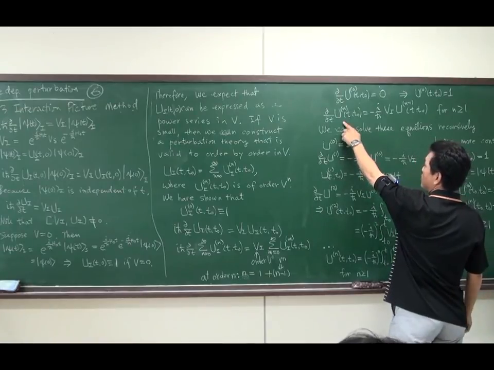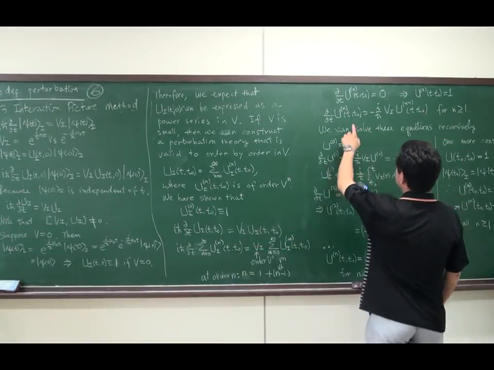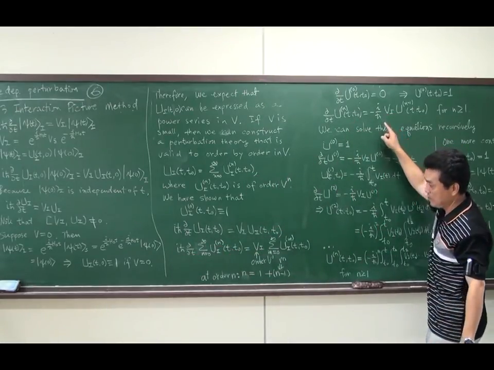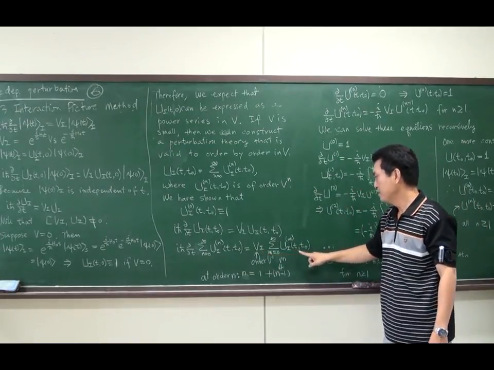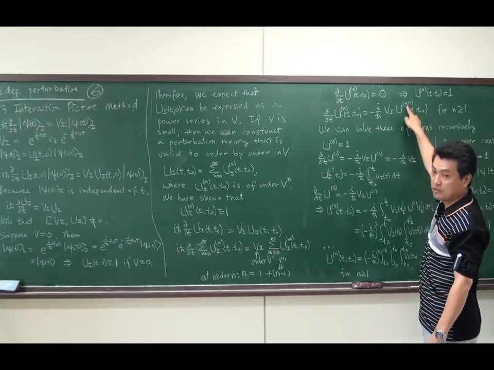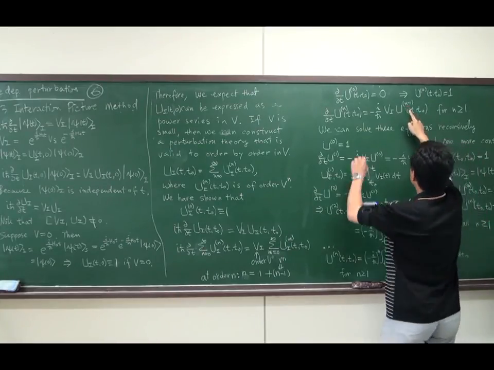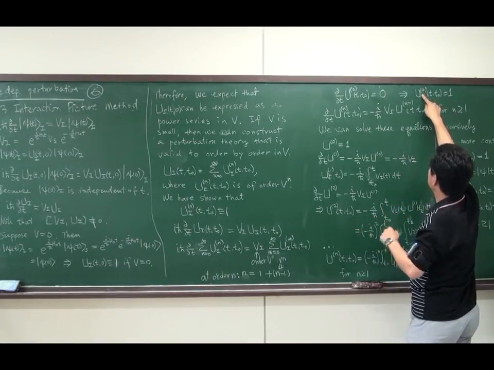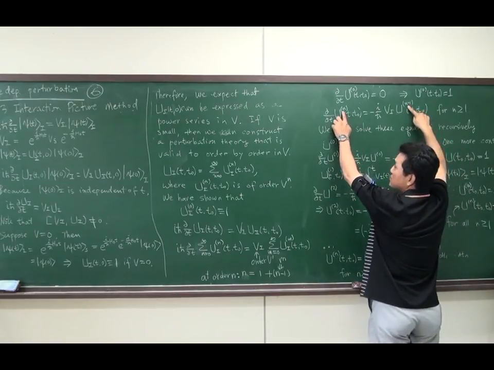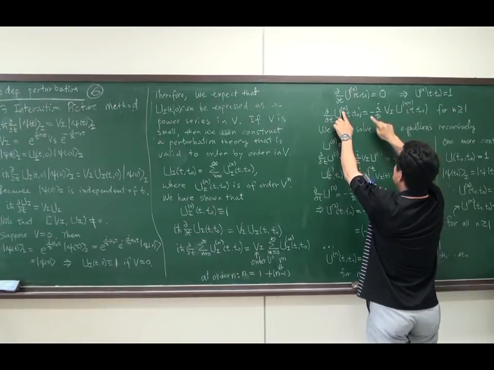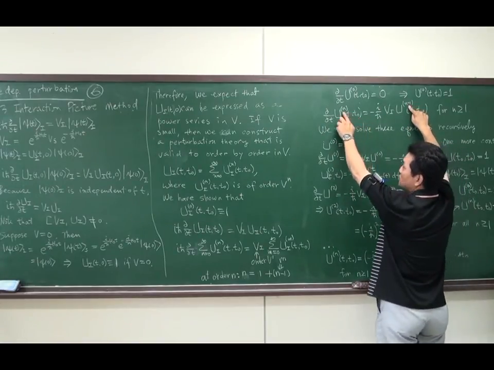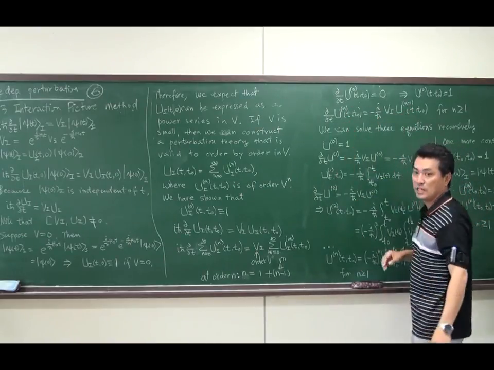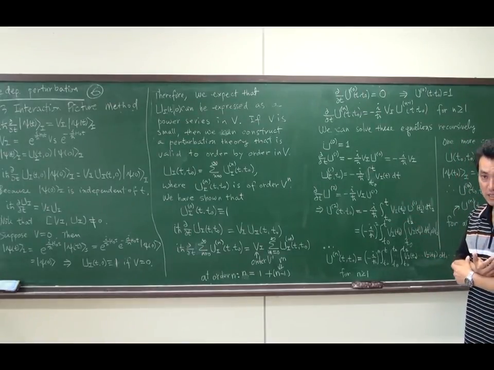And for all n, the nth order derivative is obtained by multiplying by minus i over h bar, Vi, and one less power of U. So I put the n equals 0 solution in here to get the order 1 value, solve the differential equation, substitute that in here to get order 2, solve the differential equation, substitute it in here, get order 3, and this can be done recursively.